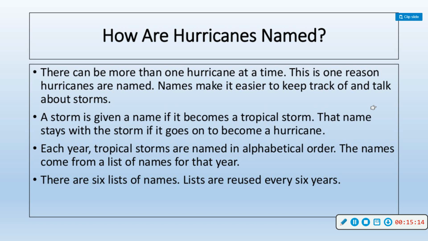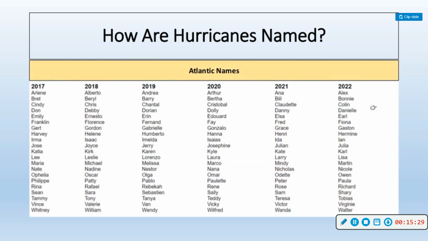There are six lists of names. They recycle them, but certain names get retired, so those names change. Every other year, A will be a boy, and then the next year it'll be a girl. So you go boy, girl, A, B, C.